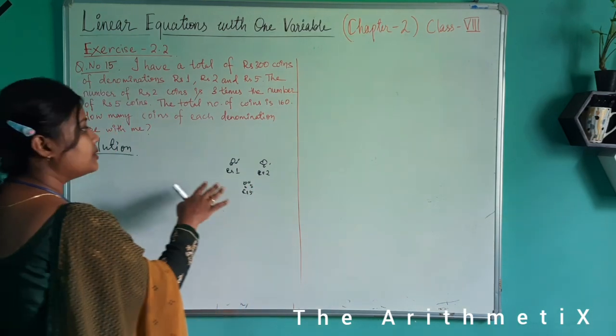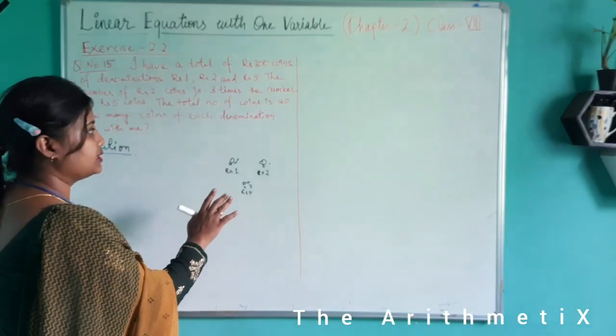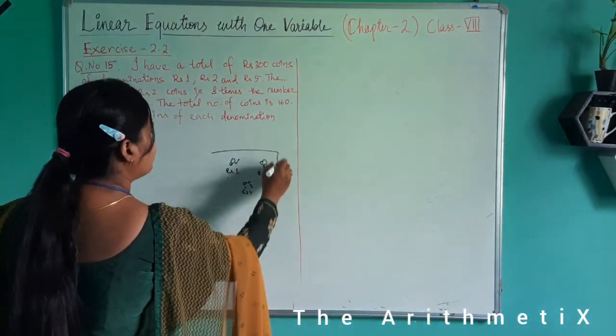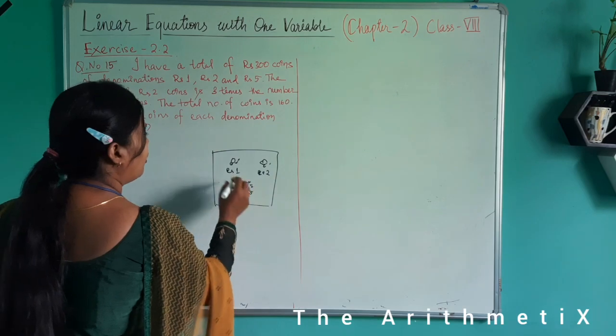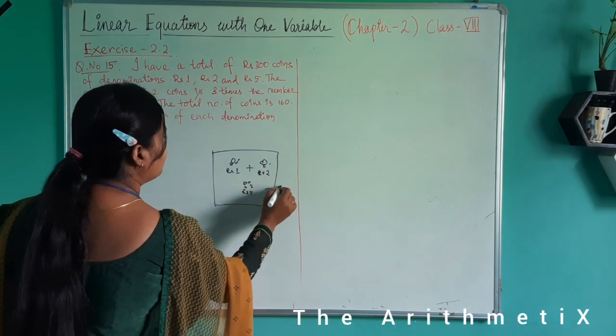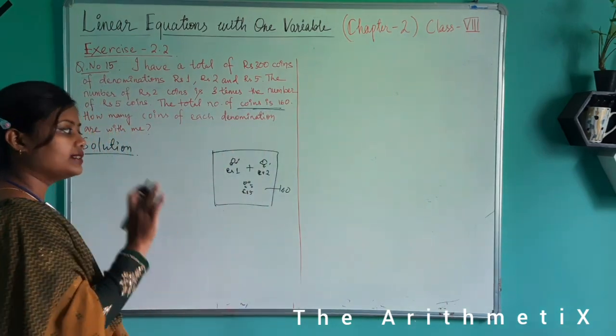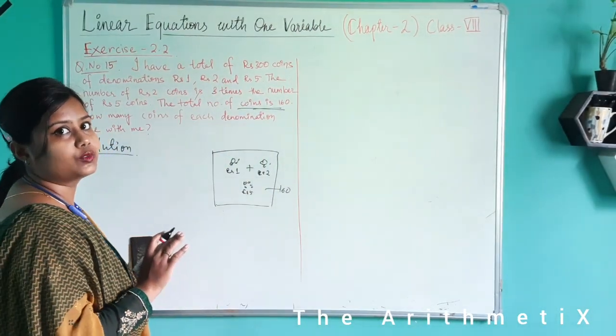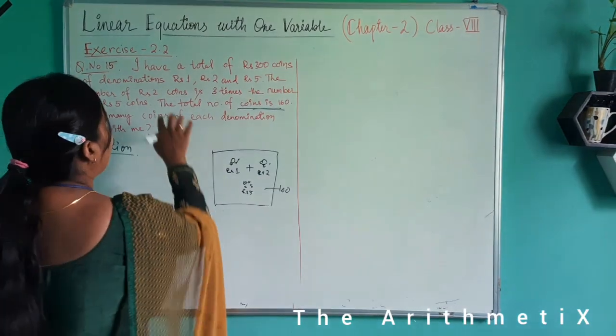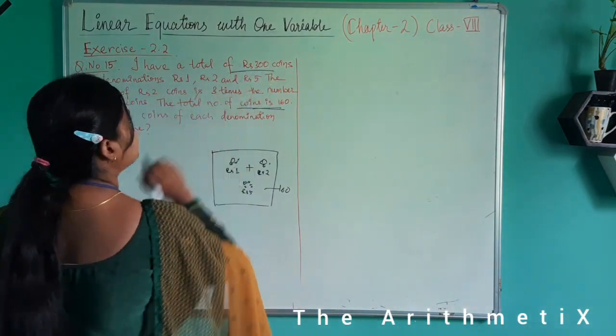We don't know how many are present of each denomination, but we know that all these add up to 160. The total number of coins is 160, and the total amount is rupees 300.